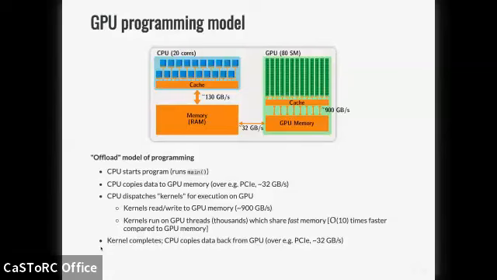Offload model means that the CPU runs your code as any other program, and the code that you want to run on the GPU is offloaded to the GPU. If you're familiar with Python, you basically have a program like any other program, but somewhere along the way in your code, you have pieces which you send to the GPU to run. That's why we call this the offload model.